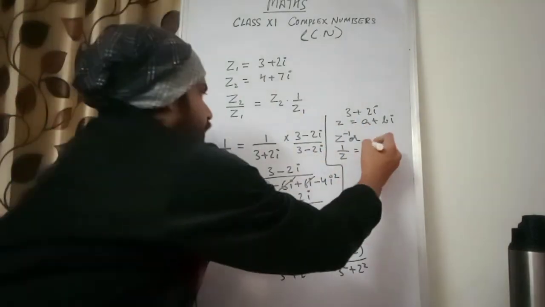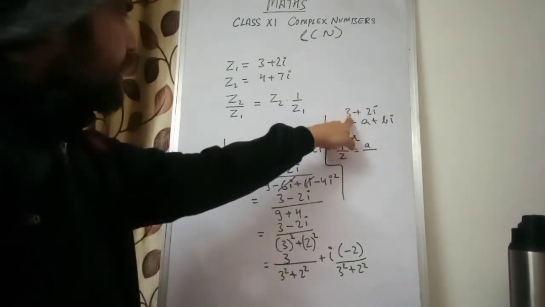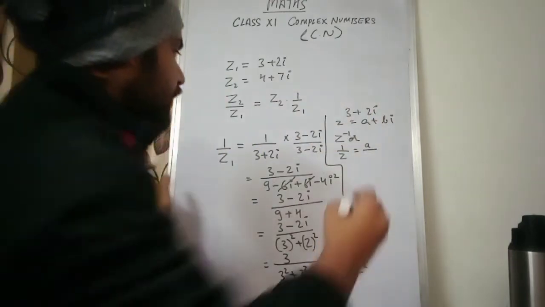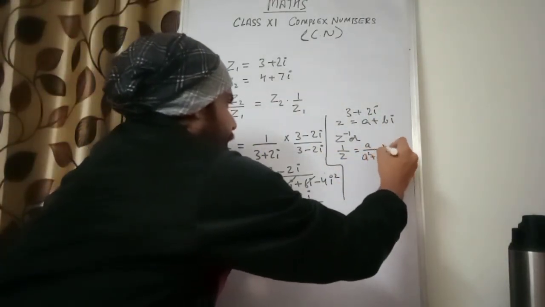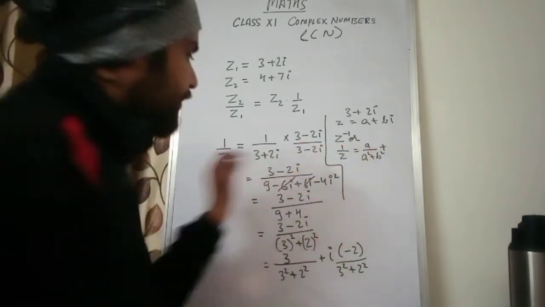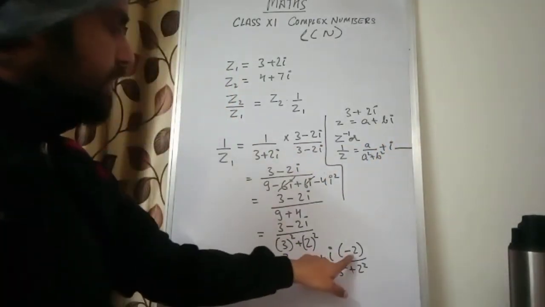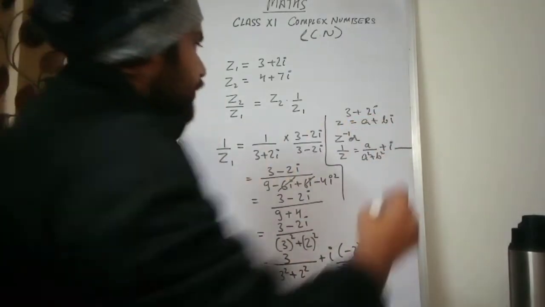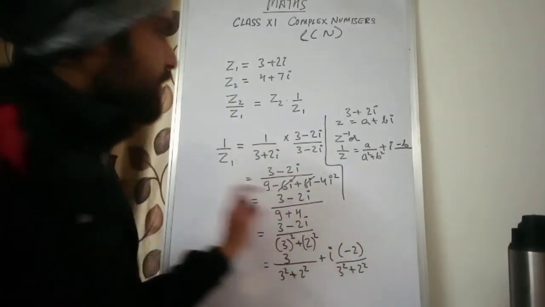A. So a upon 3 square means a square plus 2 square, means 2 is what here? B. So a square plus b square, plus i will be written as it is. Now what is this minus 2? 2 is b, so you'll write minus b upon the same thing, a square plus b square.